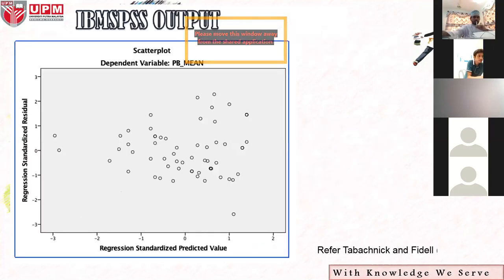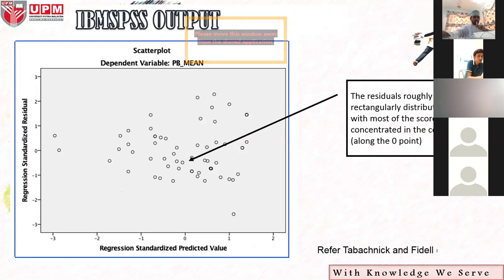This one is based on the Scatterplot. If the residuals are roughly rectangularly distributed with most of the scores concentrated along the point zero, we can say that it should be okay.